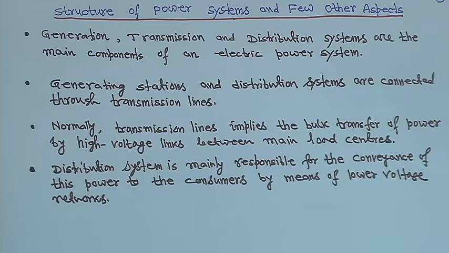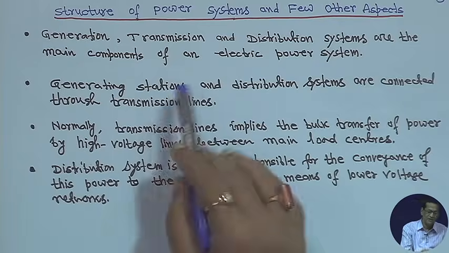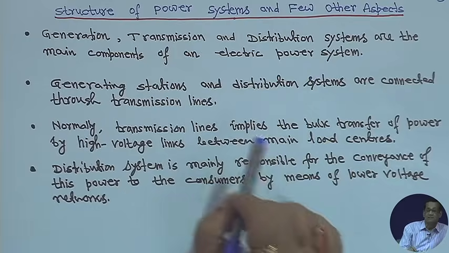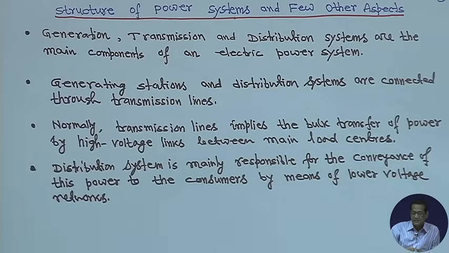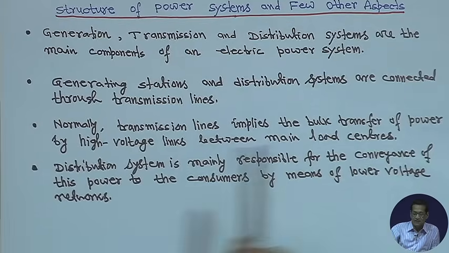So first thing is that generally there are three sections we consider in a power system: generation, transmission and distribution. These are the main components of an electric power system, right? Generating stations and distribution systems are connected through transmission lines.